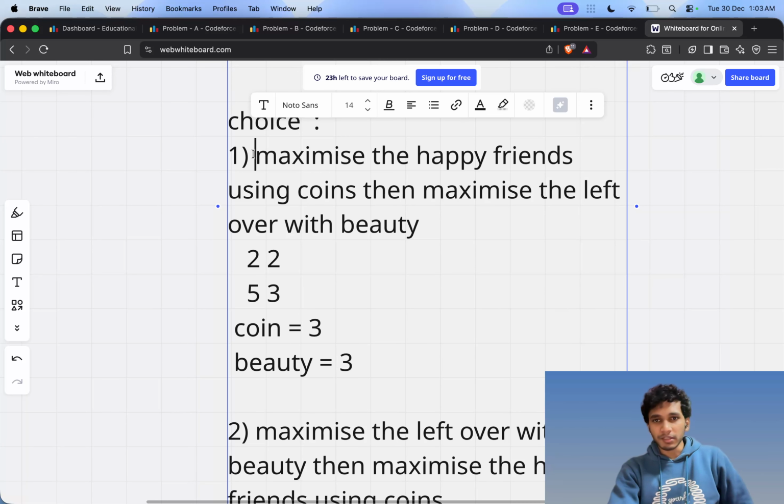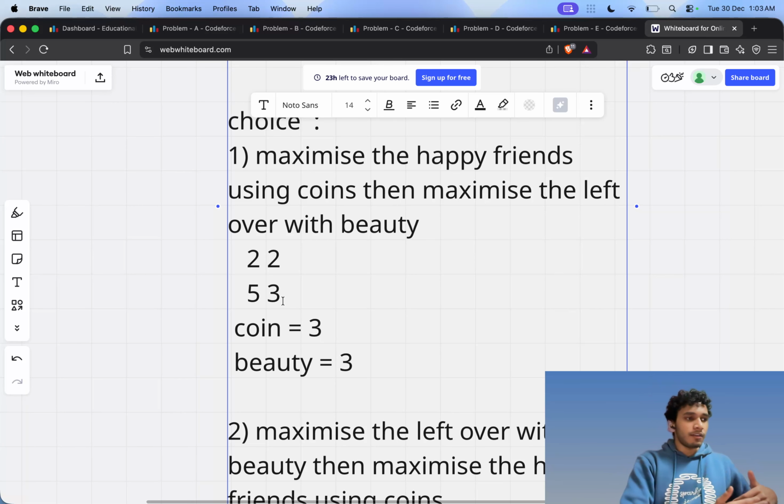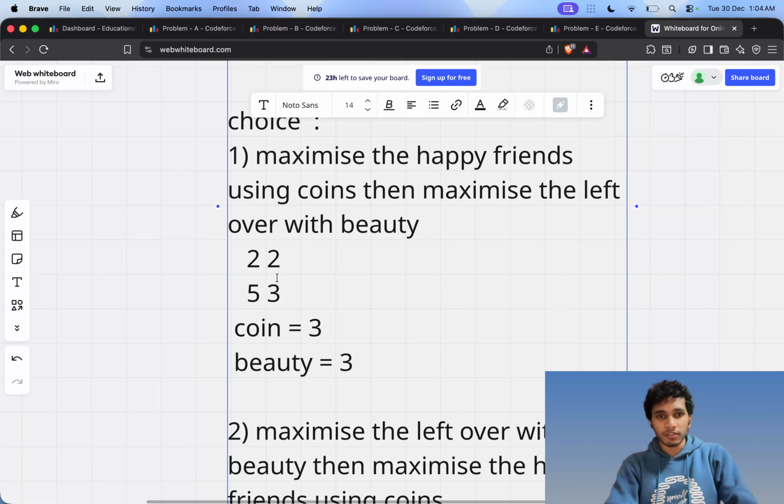We first maximize the friends using coins. So greedily, if we want to maximize the happy friends, what will we do? Find the friend who wants the minimum number of coins. Then use those coins and go on with the leftover friends who want the minimum number of coins. This is the friend with the minimum number of coins. Make him happy. Now we have one coin left over. Now can we make this friend happy?